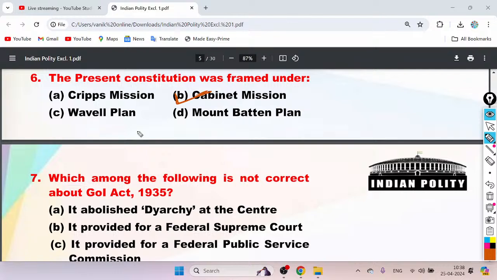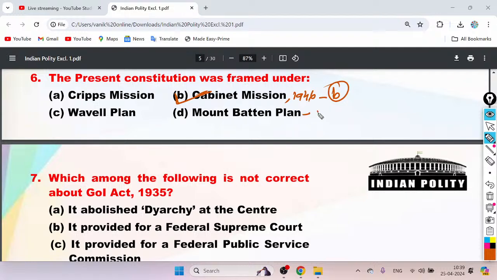This Constituent Assembly started functioning on 9 December 1946, and made the present Constitution of India. So that will be Cabinet Mission 1946. So that is your correct answer B.